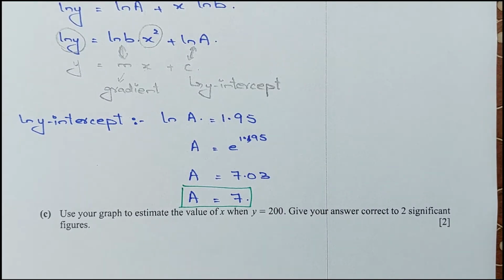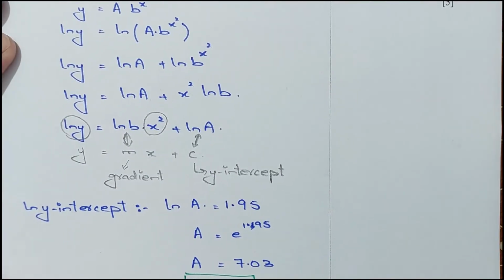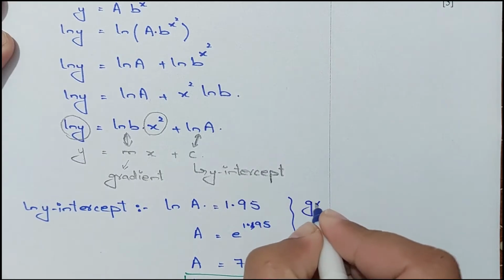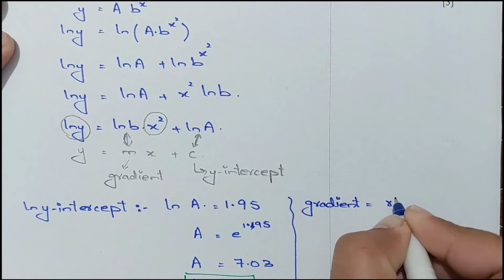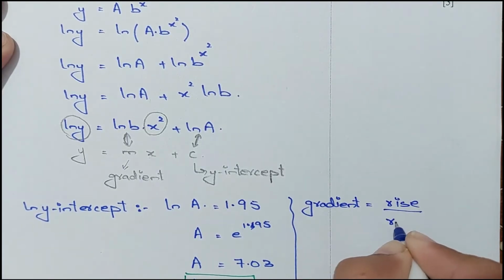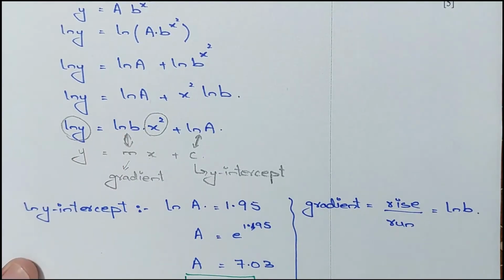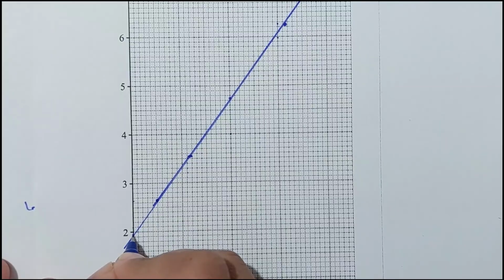Okay, now the next thing is my gradient. We can say the gradient or the slope is rise over run, and in this case the gradient is ln b. Look at the graph. From the y-intercept, how much do we have to rise?